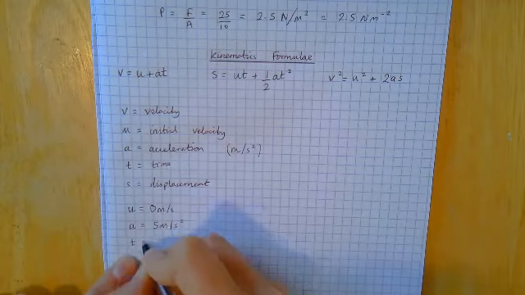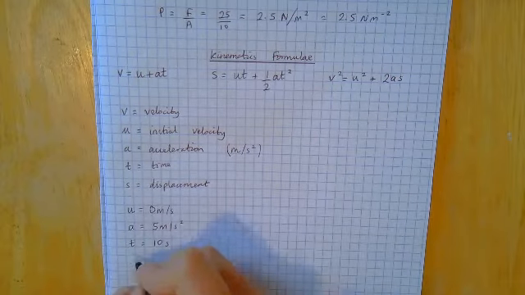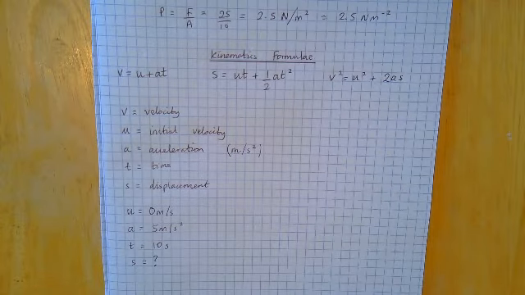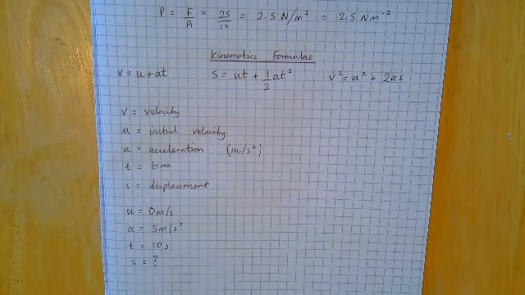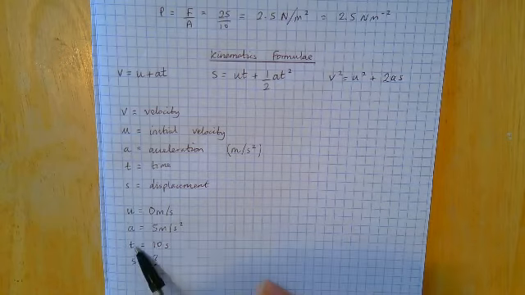I might be told that my acceleration is 5 meters per second squared, and I'm travelling for 10 seconds. I want to know how far I've gone after those 10 seconds. So remember, your S is your displacement. So I want to know what my displacement is after those 10 seconds. I start not moving, and then I'm accelerating at 5 meters per second squared for 10 seconds, and I want to know how far I would go.